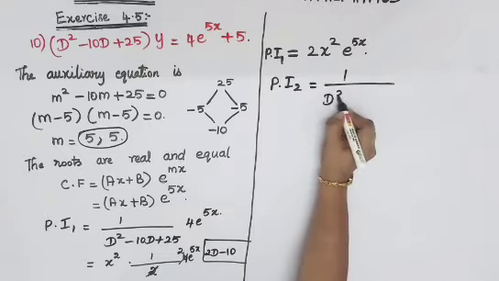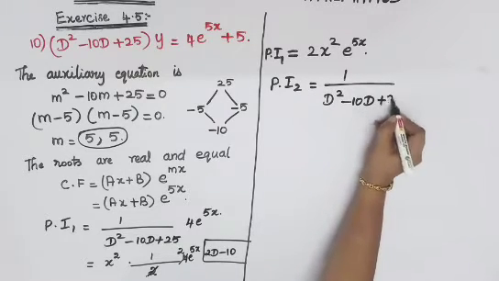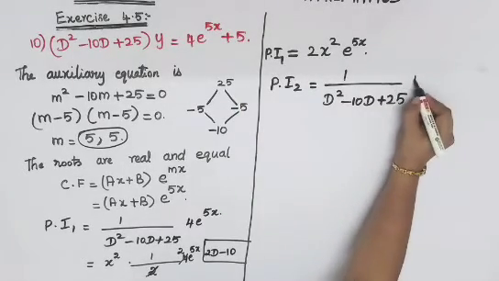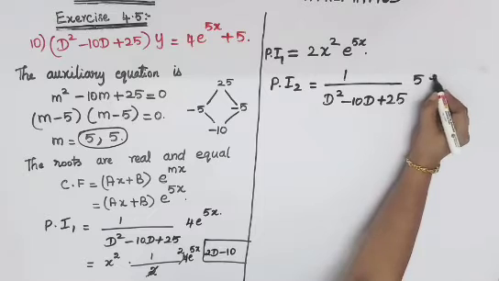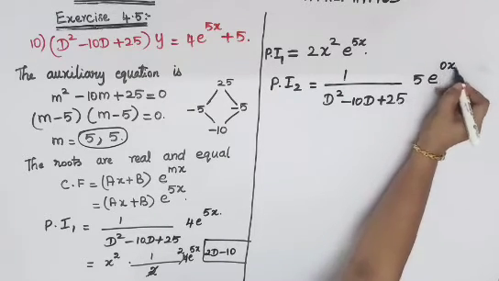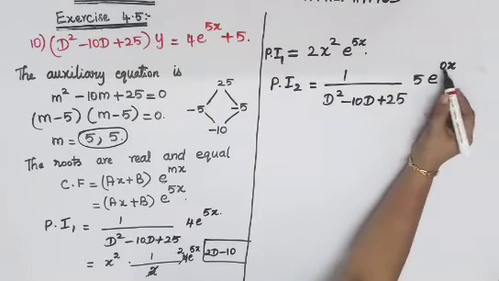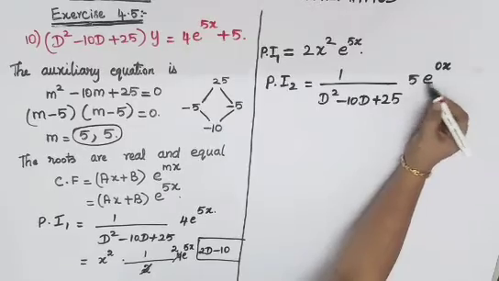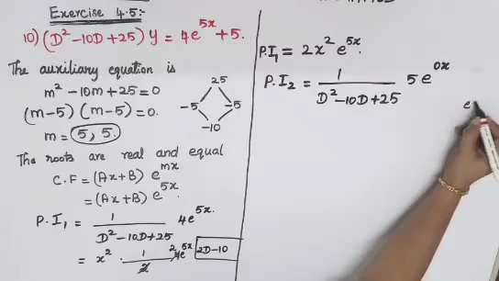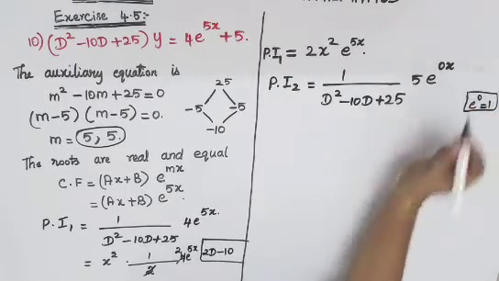So it is D square minus 10D plus 25 into, they have given only 5 over there, but we need the e power term to substitute it, isn't it? So I'll just write e power 0x. So e power 0x is nothing but e power 0 only. We know the value of e power 0 is 1. So 5 into nothing is there means just introduce e power 0x. Okay. So we all know e power 0 is equal to 1. Because of that we can do this alteration over there.